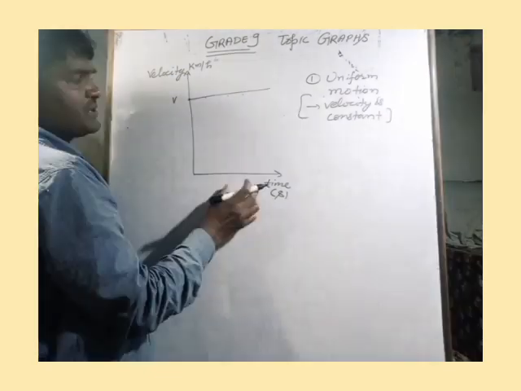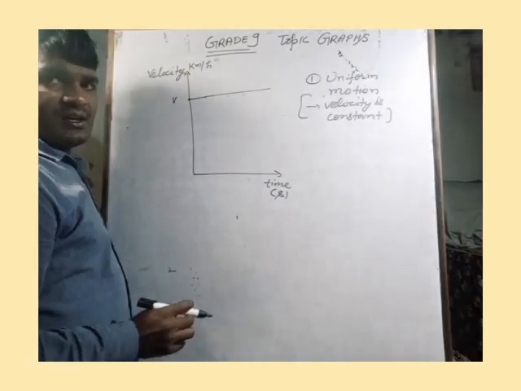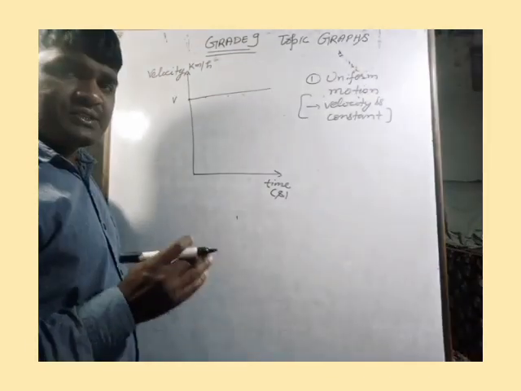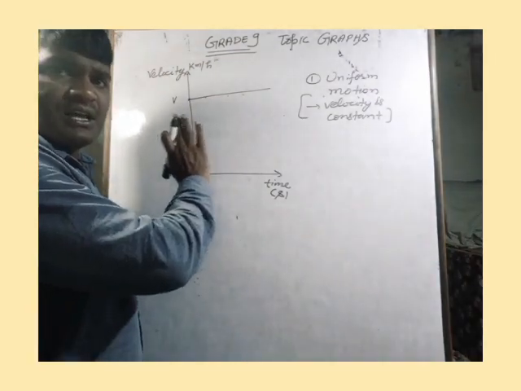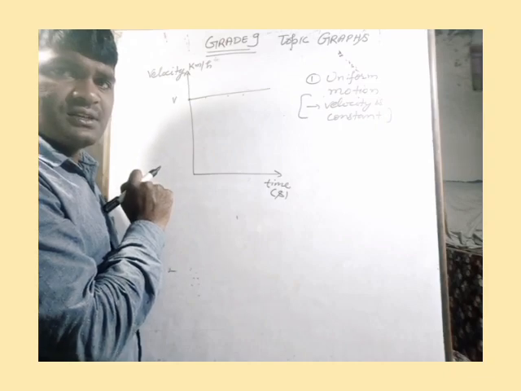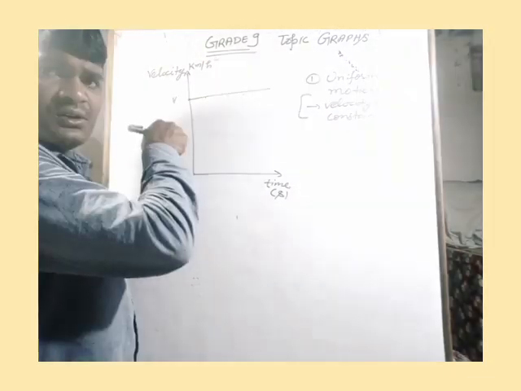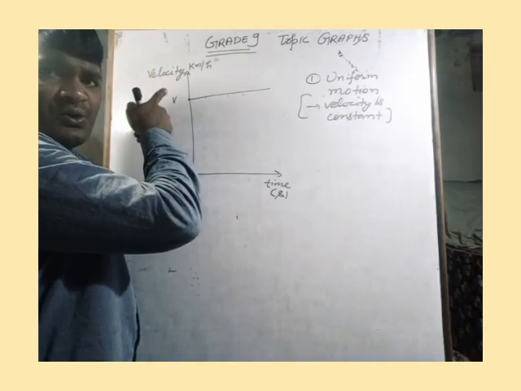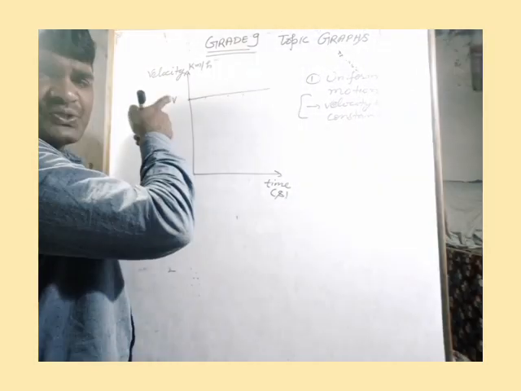parallel to the time axis. In the previous graph for a stationary object, the distance time graph was a line parallel to the time axis, but now the variables have been changed. Instead of position or distance, we are talking about velocity here.